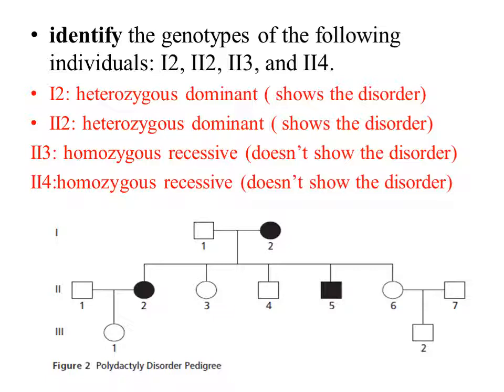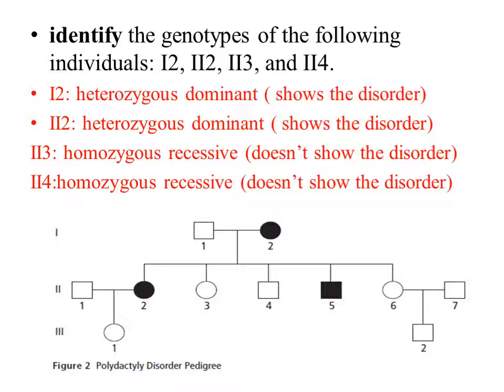Generation 2, individuals 2, 3 and 4. Individual 2 is shaded, so she is heterozygous dominant because she inherited only one dominant allele from her mom. Her dad has no dominant allele because he has no disease.